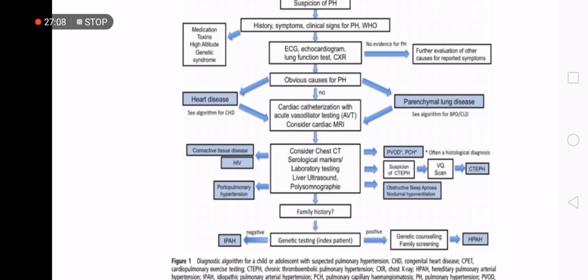Consider CT chest, serological markers, liver ultrasound, or polysomnographic testing to exclude sleep apnea or obstructive sleep apnea. For family history, we have to consider genetic causes, so we need a proper family history to exclude familial idiopathic pulmonary arterial hypertension.